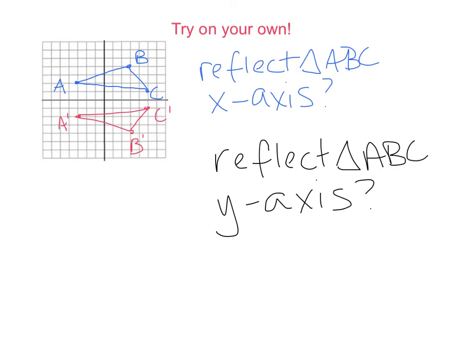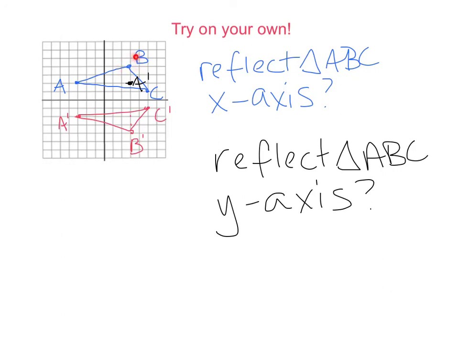So we're going to do this. So remember, to reflect means it's going to be the same distance away from whatever your line of reflection is. Great. So here's the y-axis. A is 3 away. So A prime is going to be 3 away. Okay.